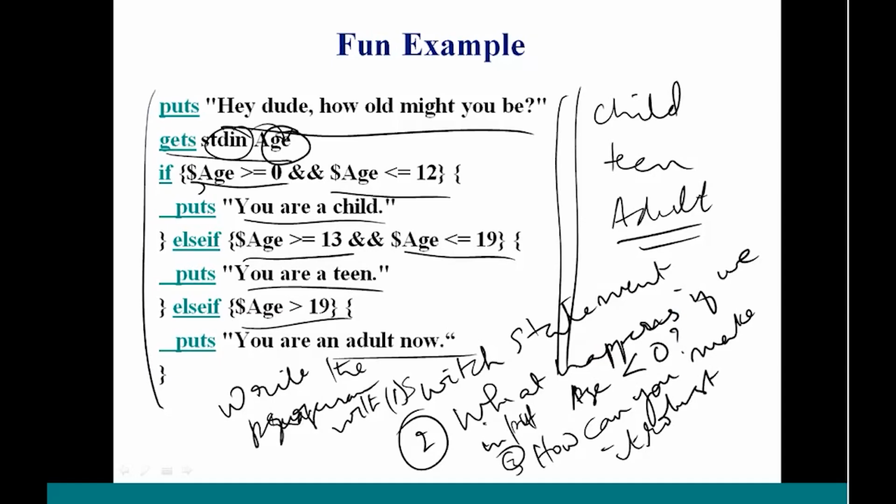And the second thing is what happens in this program if you put age as less than 0. What is the program output? Try to find out. And the last question is how can you make it robust, meaning how can you cover this condition, whether it errors out or it doesn't error out. And for that you can also use the switch command.